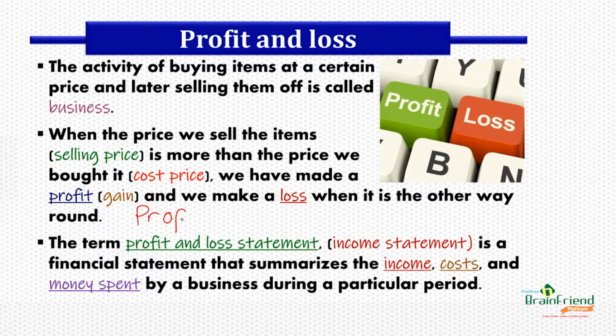Profit can be given as SP, that stands for selling price, minus cost price, while loss can be given as CP minus SP. It means we have a situation where cost price is more than selling price.